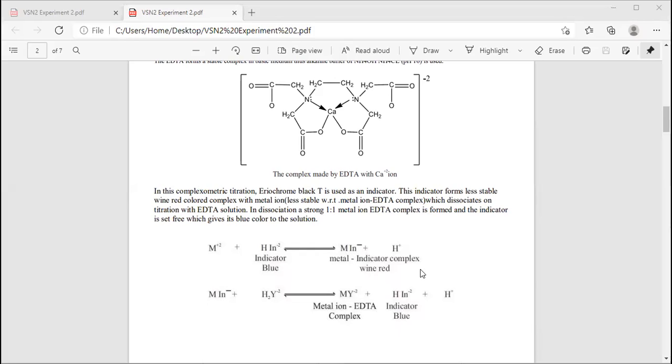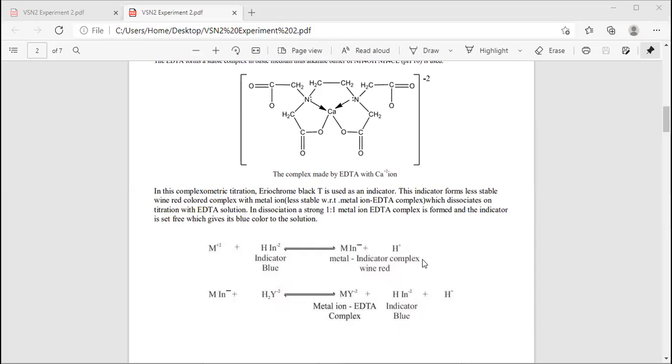Now, if it is asked in the examination, describe the complexes formed with the indicator and the EDTA. EDTA here is a titrant. Already I have told you in the theory, the solution which is to be taken in the burette is the titrant, and the solution which is to be taken in the conical flask is the titre. Here the indicator is EBT, Eriochrome Black T. The complexes with the indicator are short-lived, stable only for a short period, and they are wine red in color.